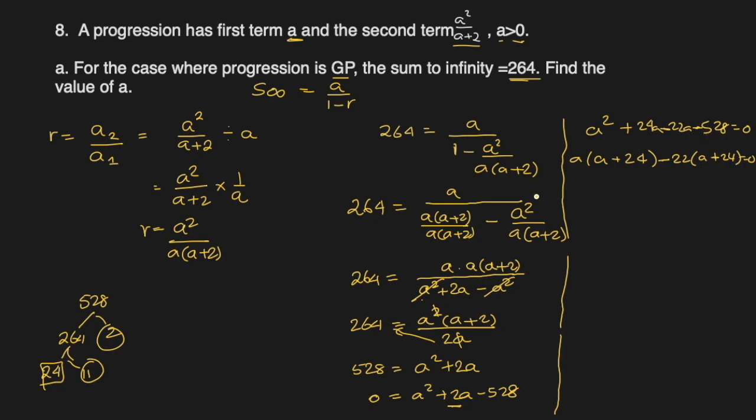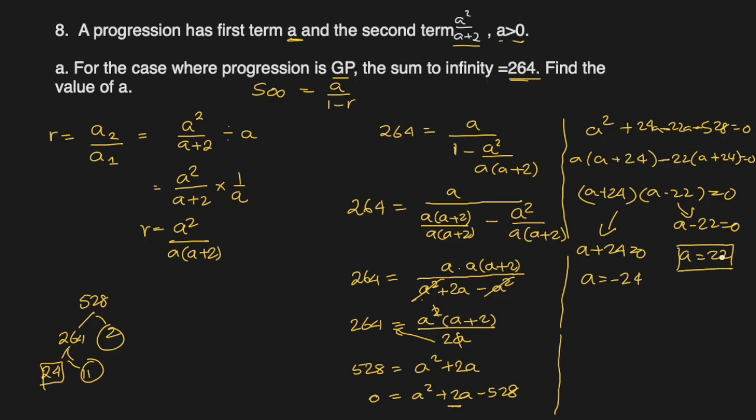So second one becomes positive. A plus 24 is common from both now. A minus 22 equal to 0, and this gives us a plus 24 equal to 0, so a is negative 24. A minus 22 equal to 0, a is 22.